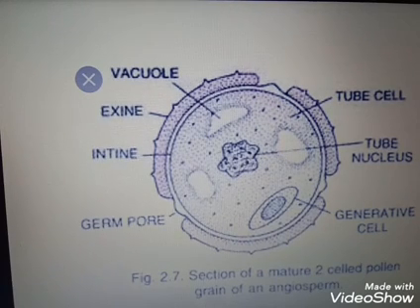The viability of pollen grains after they are shed depends on the prevailing temperature and humidity. I told you that the viability of pollen grains changes from species to species. In some members like Leguminosae and Rosaceae, viability lasts for some months, and in rice and wheat it lasts for some minutes only.